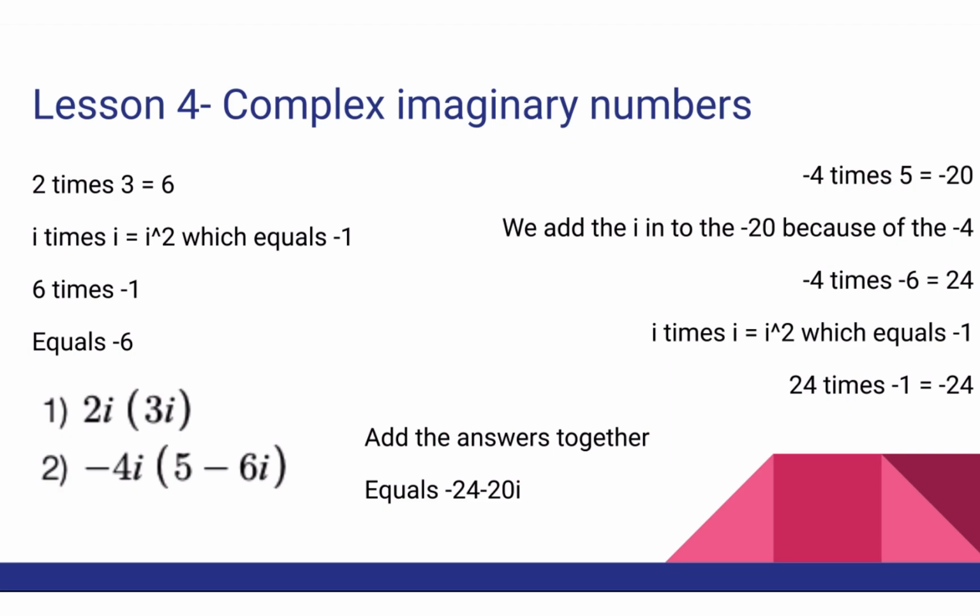Then we do i times i, which equals i to the power of 2, which, as we know from the chart and the question before, equals negative 1. So we do 24 times negative 1, which equals negative 24. So we just put the answers that we figured out together. So the final answer is negative 24 minus 20i, or negative 24 and negative 20i.